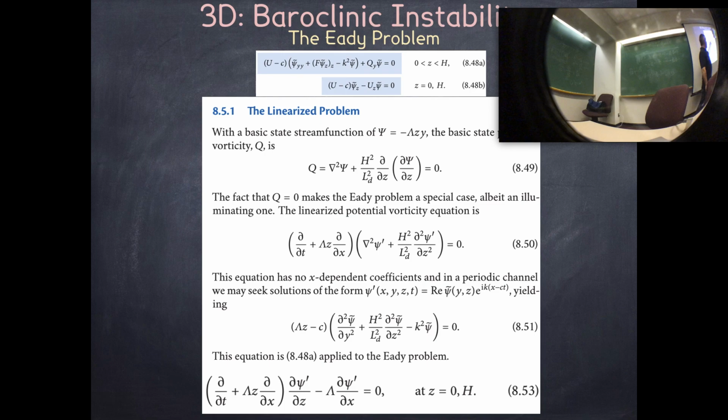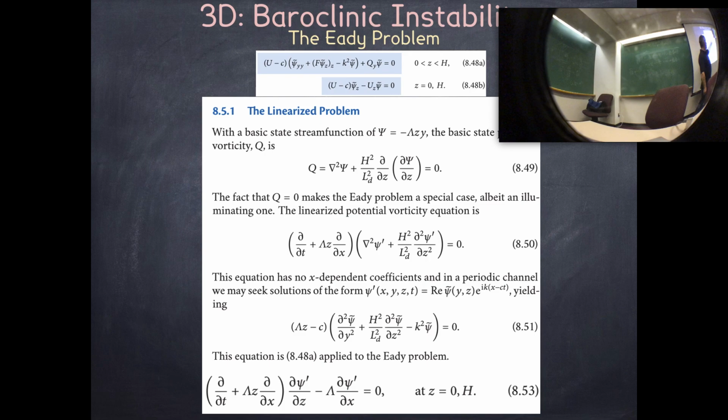So then we go through a game and we plug in our usual e to the i(kx minus ct). So this perturbation Laplacian gives us a k squared part and a d/dy squared part. This perturbation buoyancy piece gives us a perturbation stream function, which looks almost the same. Notice that the deformation radius is hiding in here when you go through, that's coming from the N squared and the PV. And then this part is what?